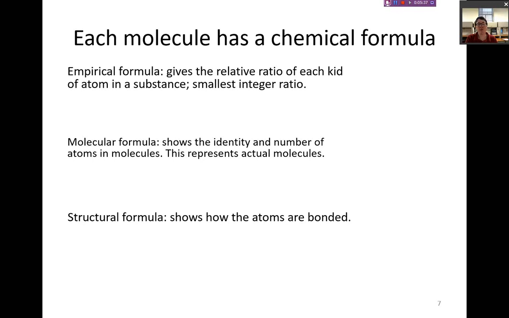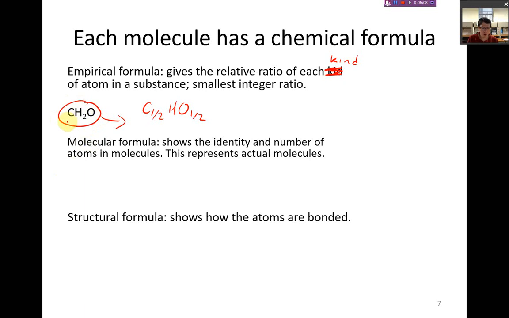So the empirical formula gives us the ratio, the relative ratio of each kind of atom within a substance, and this is the smallest integer ratio. So, for example, we could give CH2O. We cannot reduce this ratio any farther because that would then get us C1/2 HO1/2. So we want the smallest whole number ratio.